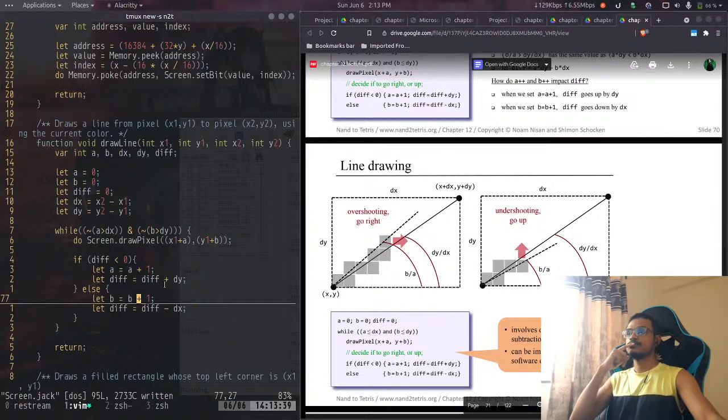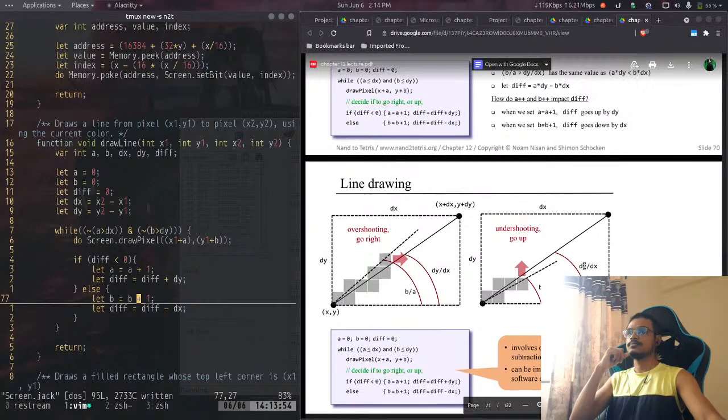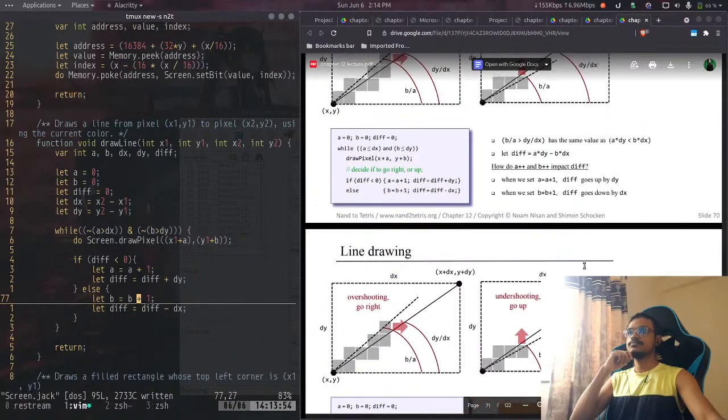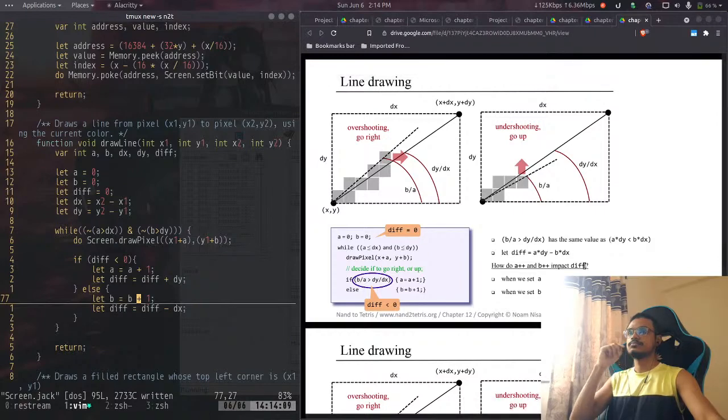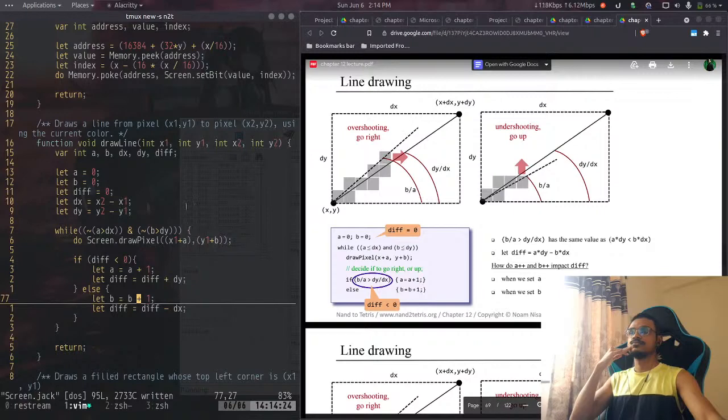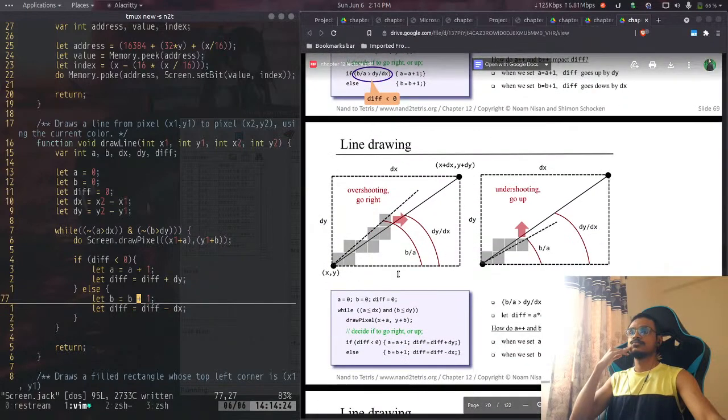Wait a minute. If difference is less, let's try to break it down.